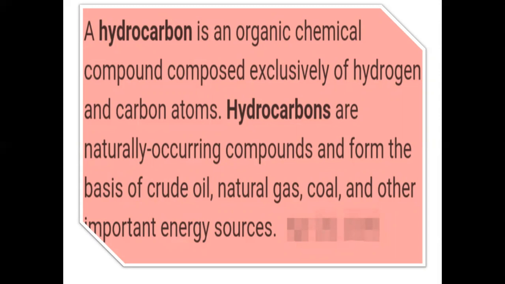Hydrocarbons are naturally occurring compounds and form the basis of crude oil. They are present in oil, in natural gas, in coal, and other important energy sources. All of these energy sources contain hydrocarbons, and they are naturally occurring compounds.